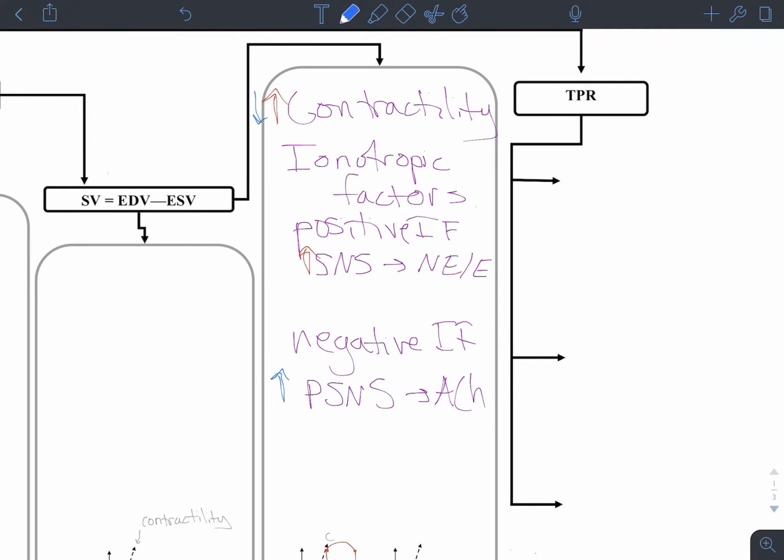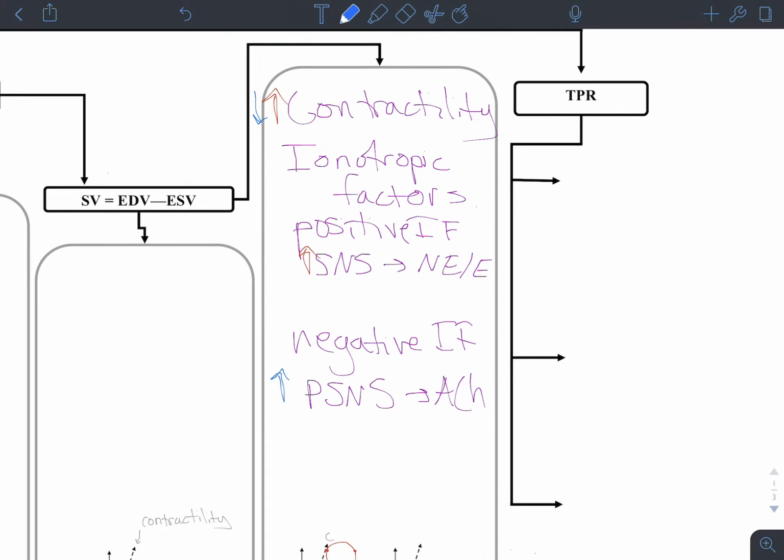Sympathetics, if we are increasing the ability of the heart to contract, in the short term, that'll be fine. In the long term, the heart really can't sustain that. And the inverse is also true for parasympathetics. Parasympathetics will be very vital in balancing out the sympathetics, but in the long term, we can't just have parasympathetics turned on. Otherwise, we won't be able to contract very well. So there's some sort of sweet spot between the two of them.